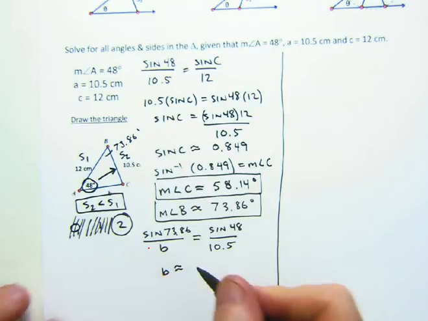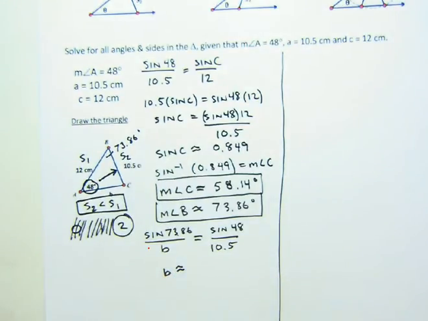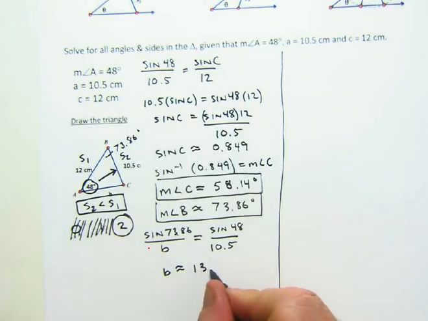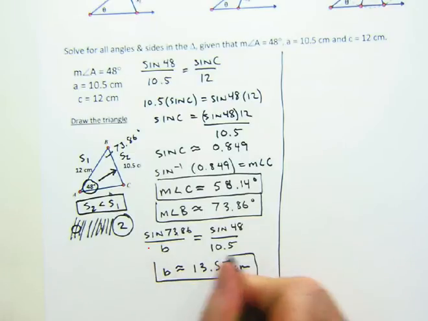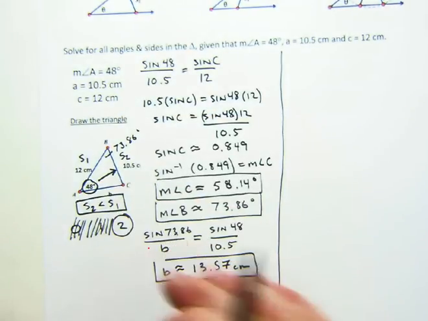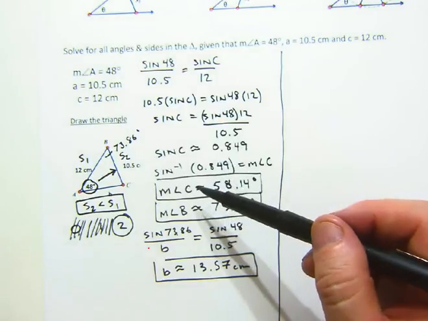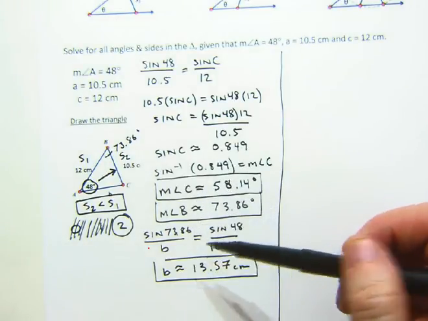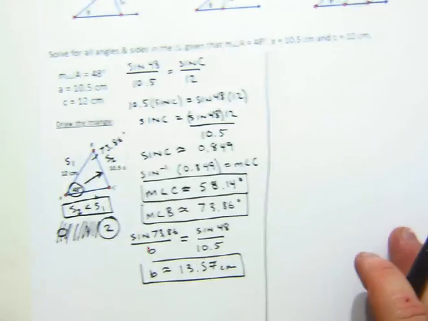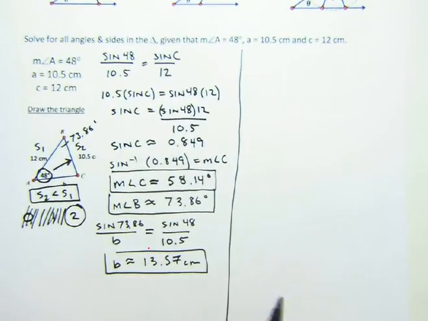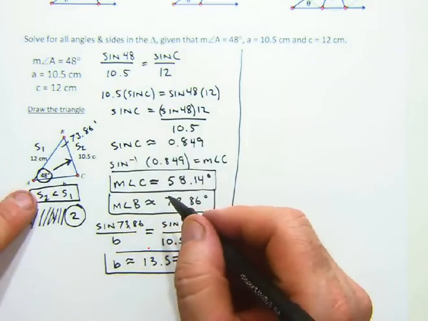And if I do that quickly, and I'm trying to speed it up, let me calculate that. And I get 13.57. So I've completed one set of answers because I calculated C and then B and then found little b. Now, remember, the whole idea is that there are 2 answers that could happen here.